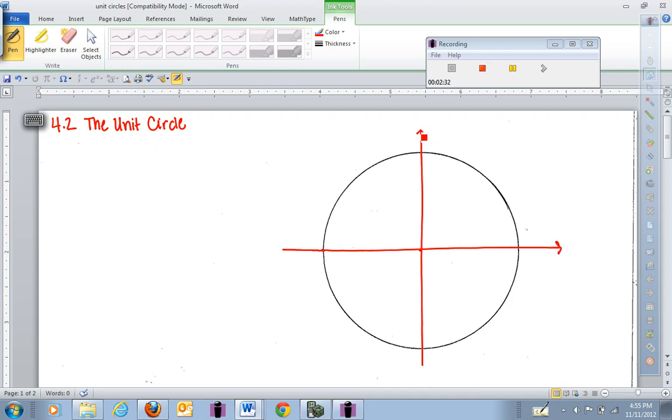And then I'm going to put some arrows on the ends here, so that I'm indicating that I have placed this on the coordinate plane.